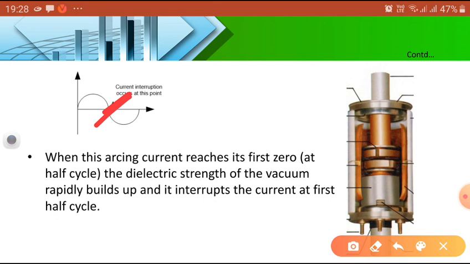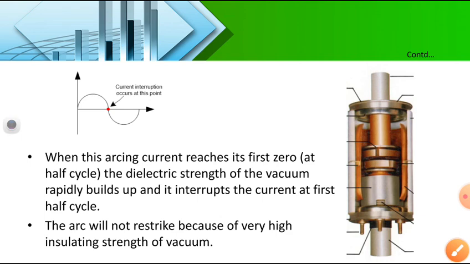Now, what is happening at that condition? The arc will not restrike because of the high insulating strength of the vacuum regained, that means the dielectric strength built up between the two contacts. So, these are the basic principles.